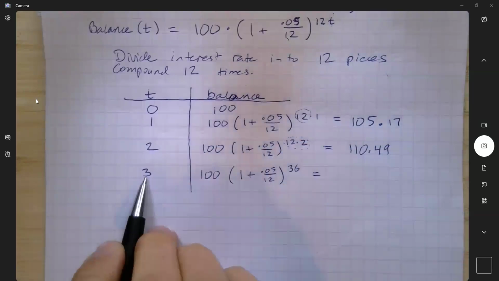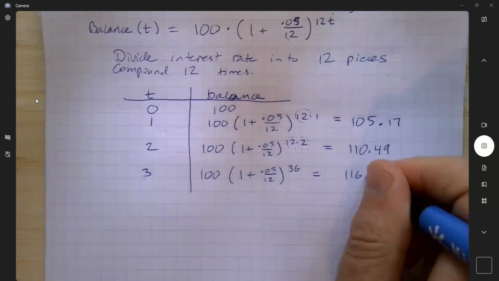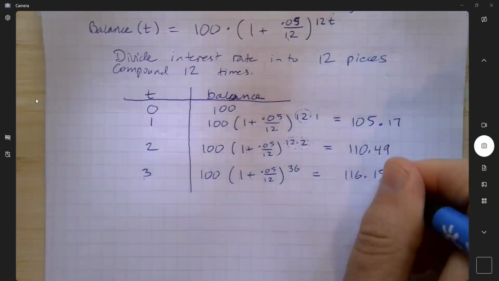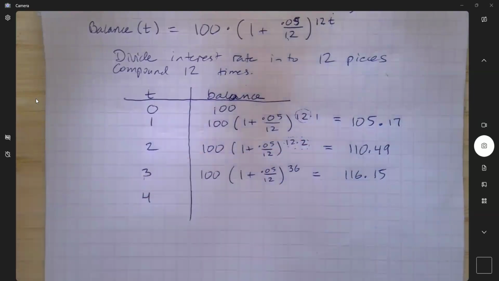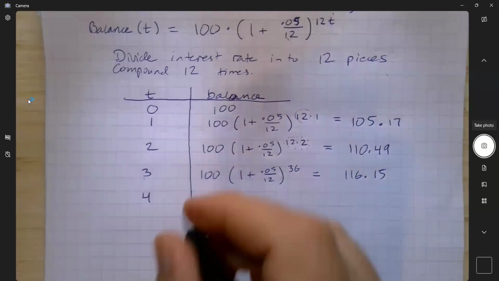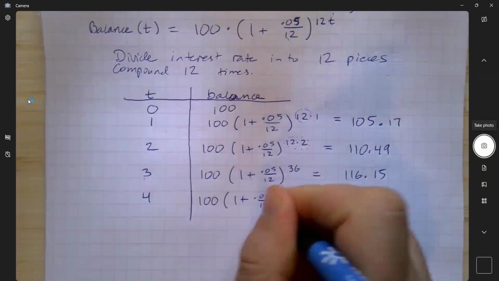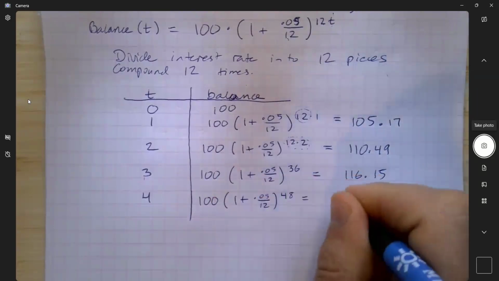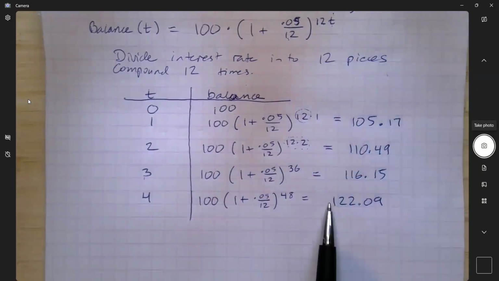But the year is the one that goes into the function, and I get 116.15. And after 4 years, I end up at 122.01. No, 0.09. Which again is more than when I compounded it once per year.